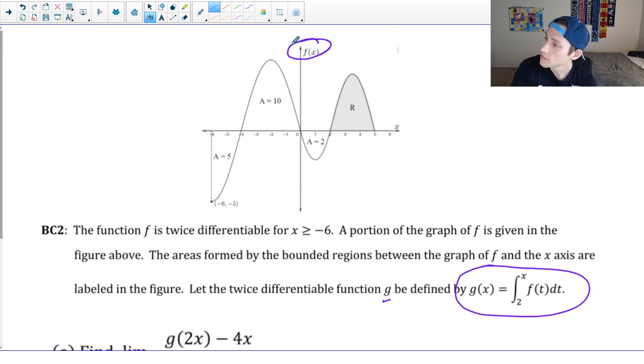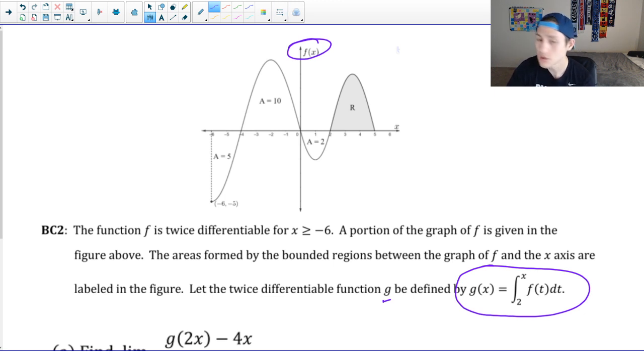And note, if you're ever given a graph in the AP test, pay close attention to what this is actually a graph of, because you might get confused about what you're actually looking at. But this is a graph of f.